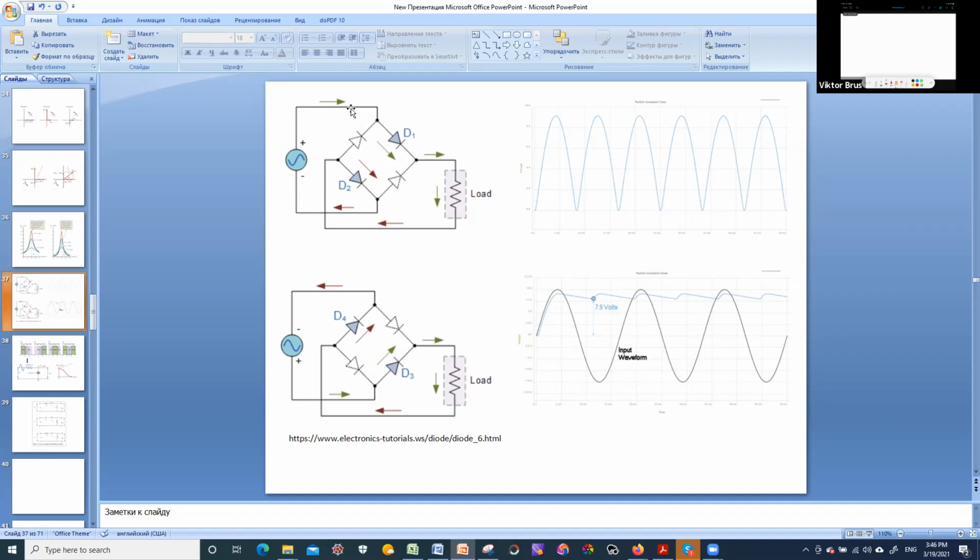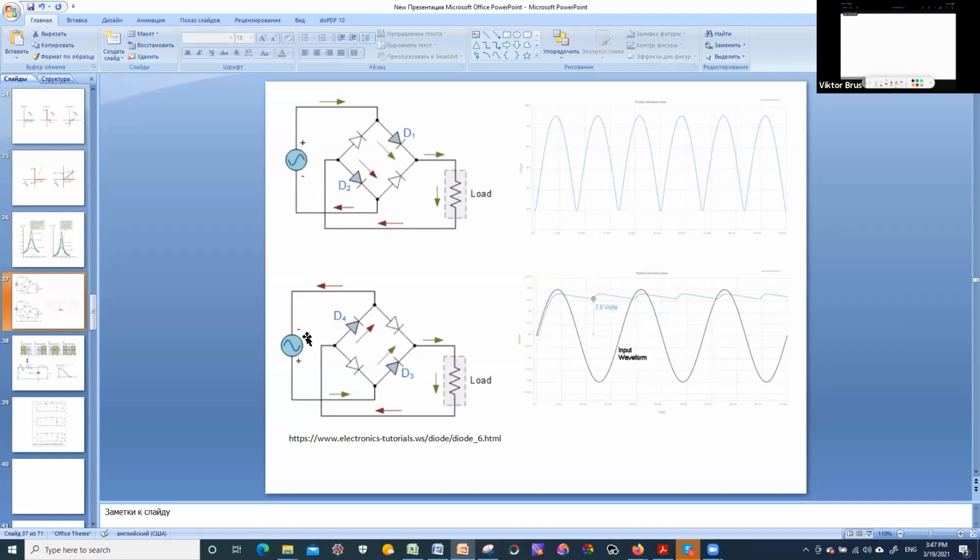So current can flow through this diode, then it goes through the load resistor. It comes back here to the diode bridge, and it flows through diode 2. So it flows through diode 1, through the load resistor, and through diode 2, and comes back to the power supply. So that is our half of the period here.